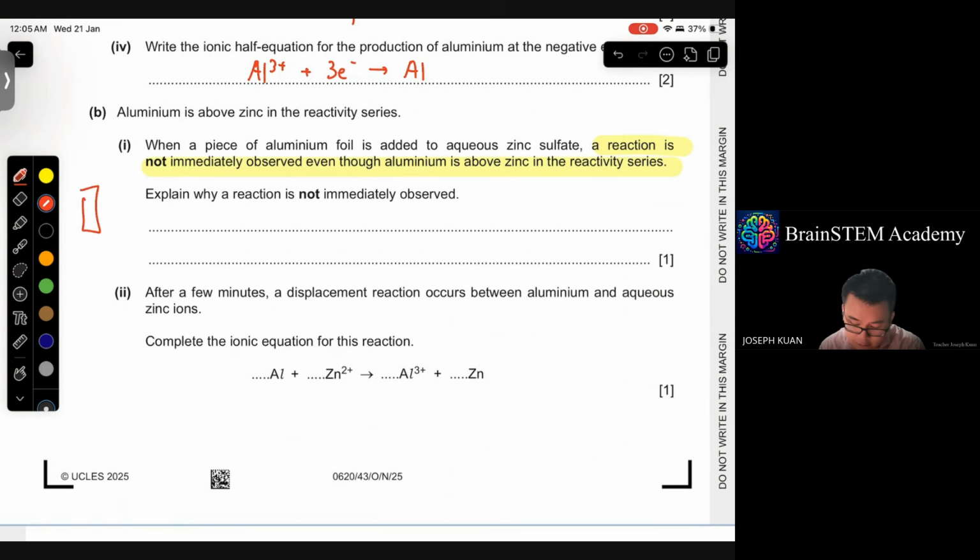Remember that aluminium is a bit special: although it has a high reactivity, it is coated by a layer of unreactive aluminium oxide. You can say there's a coating. You can say that basically it prevents the aluminium inside from reaching the zinc ions. You can say that also.